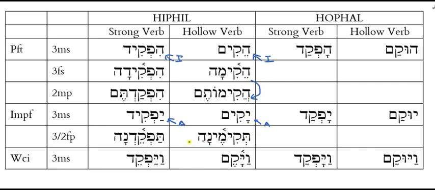I have tafkedna for the imperfect 3 and 2 FP in the hifil. Here I have tukimena. What's happened here? Because I'm hollow, I'm a syllable short compared to what I normally want. I'm going to add this helping vowel to get to my consonantal ending in the imperfect. And this ah becomes vocal shava. It's going to reduce because it's open and proprotonic.